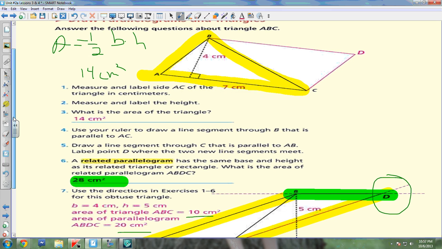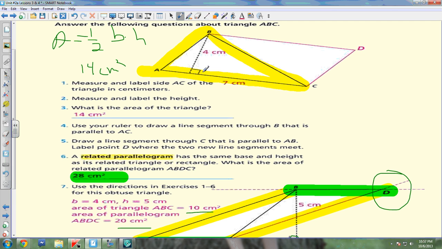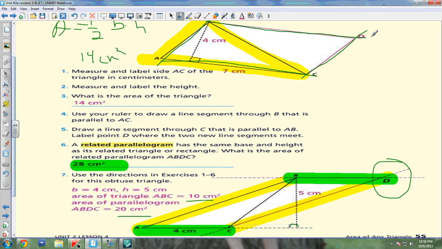And then it says use your ruler to draw a line segment through B that is parallel to AC. So right here, parallel to AC, never going to intersect. And it says draw a line segment through C that is parallel to AD. So right here and right there. And then it says label as D, which is what they did.